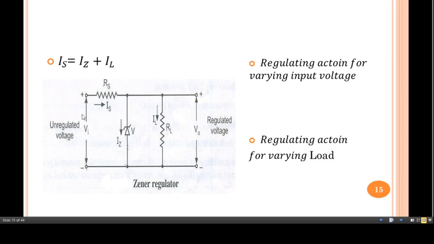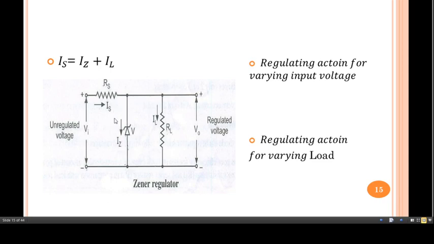In this diagram, the current entering the circuit is Is. Further, this current gets divided at this point. The current moving through the Zener diode branch we will call Iz, and the current entering the load branch is called IL.